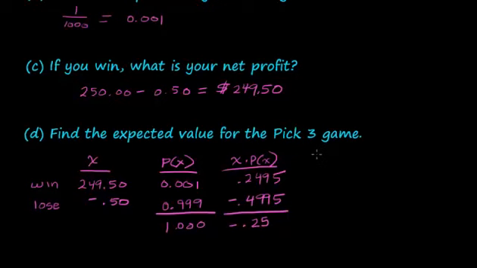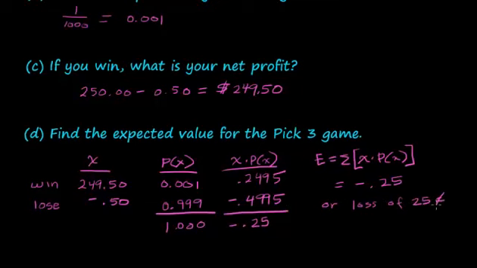We found that this E, our expected value, is equal to the sum of each outcome times the probability of that outcome, which we found to be negative 0.25, or another way to say that is a loss of 25 cents, right? So the long-range theoretical expected value for playing the Pick 3 game is that you lose 25 cents.